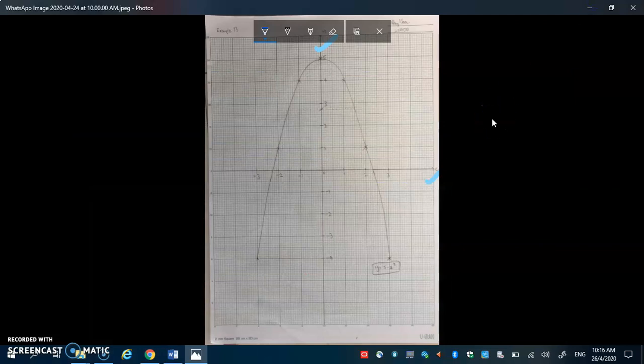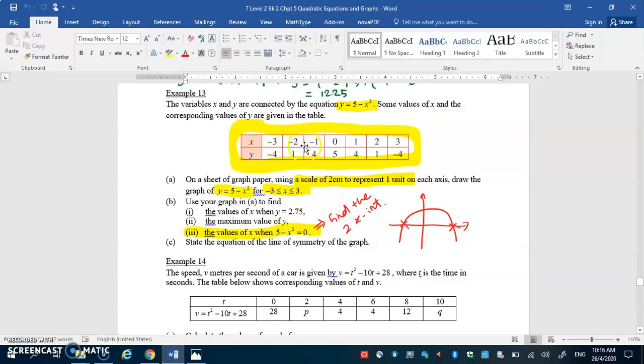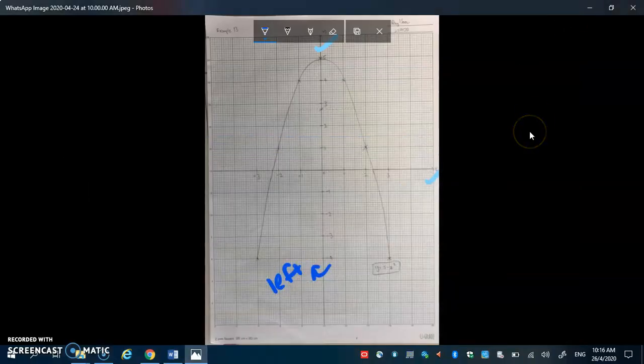For the y-axis, please write your numbers on the left. And for the x-axis, write your numbers below the axis. Then you start plotting. So how do you plot? When x is -3, y is -4. When x is -2, y is 1. So this is the first point. -3, -4, -2, 1.